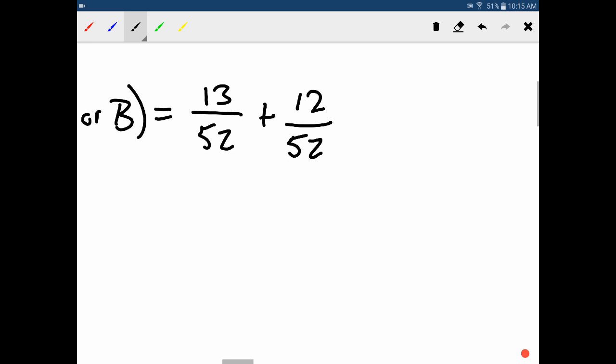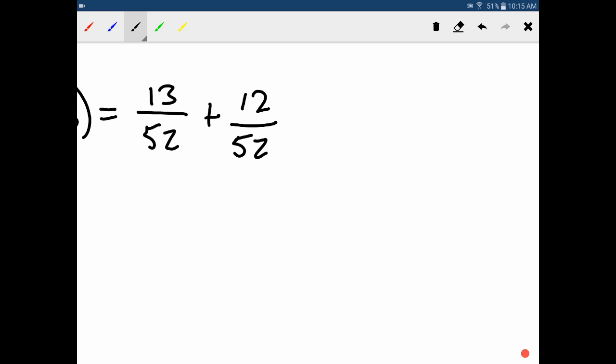But now we have to say, hold on, I counted those face cards that were diamonds, those 3 face cards that were diamonds, twice, because I counted them in here and I counted them in here. So we sort of doubled up. So we have to remove them so that they're only being counted once. So we say minus 3 out of 52, okay?